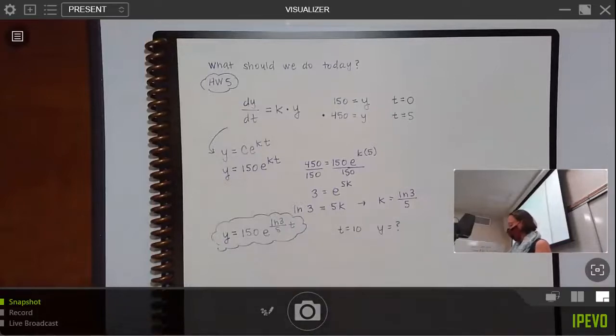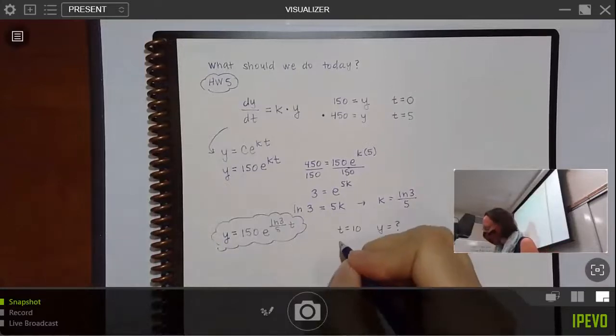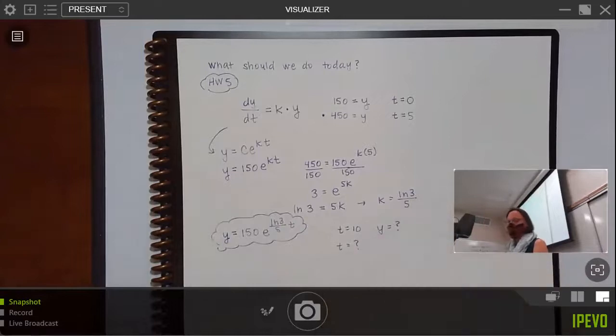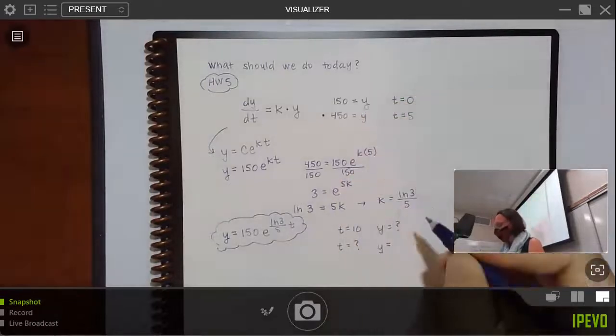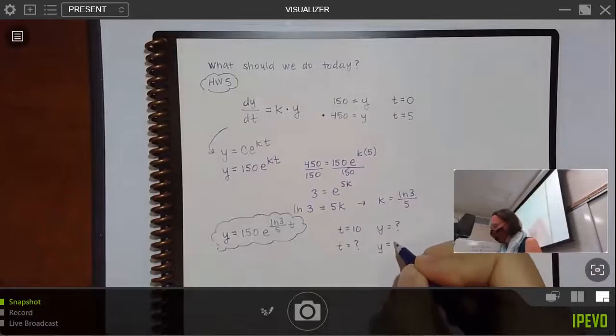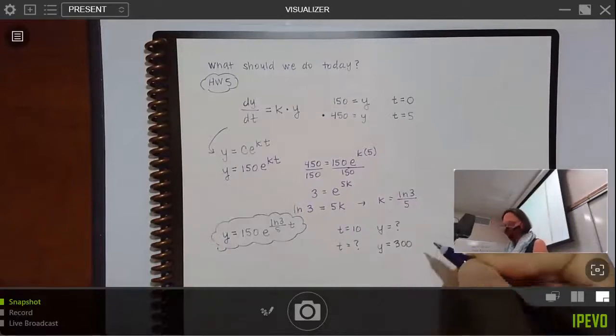If we're not using a calculator, still plug in the 10, just don't worry about simplifying it. How long will it take for the population to double? Well, that "how long" is asking what's the t value. And if the population is going to double, we started out at 150, so doubling would mean that we were at 300.